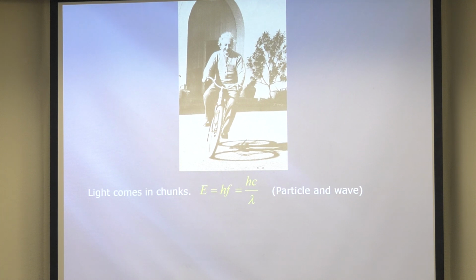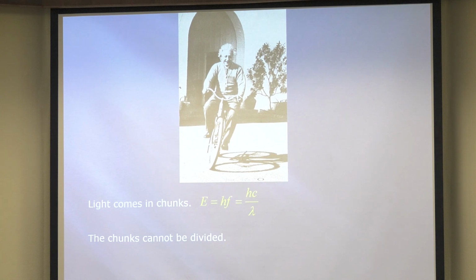All right. The chunks cannot be divided. So there's no such thing as half a photon or a quarter of a photon or 1.5 photons. It's like a piece of dirt. If you have a piece of dirt, do you say there's half a piece of dirt? No, you say there's a piece of dirt, right? Okay. So it's the same thing. And when the photons hit the cathode, they're either absorbed or they're not.